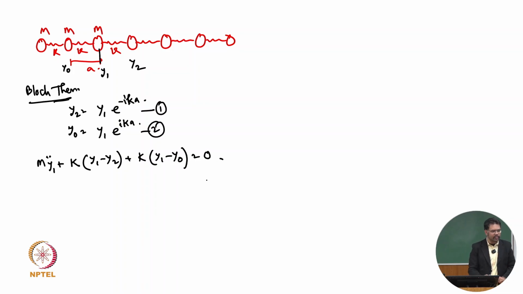If I substitute everything here, and also write y1 double dot equal to minus omega square y1, I can get the dispersion relationship. I have just done that in the last class. Agreed, all of you? That way we can get that. That is one approach.